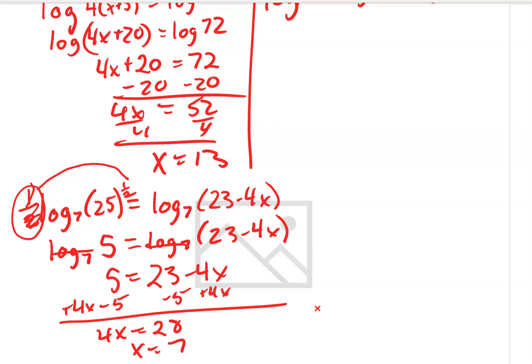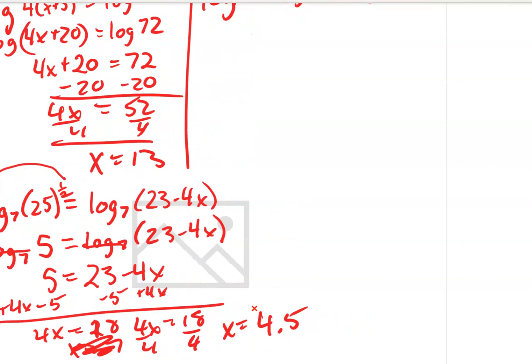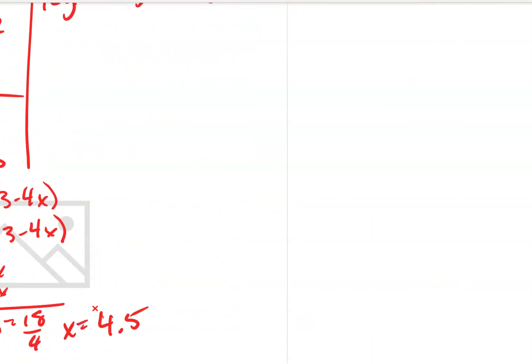I made an error somewhere. Oh, minus 5, 18. 4x equals 18. Divide each side by 4. X equals, 4 goes into 18, 4.5 times. Next problem.